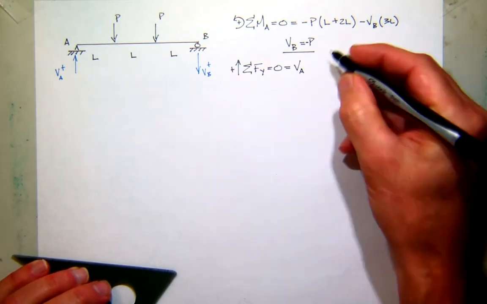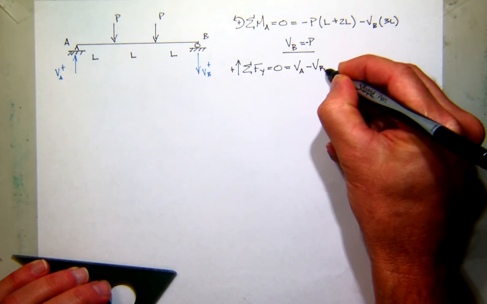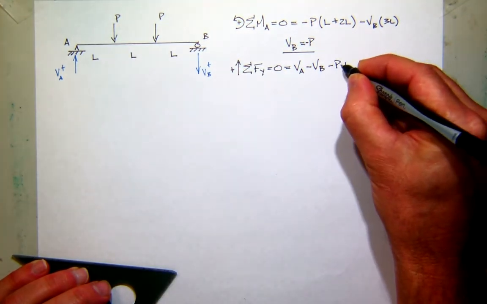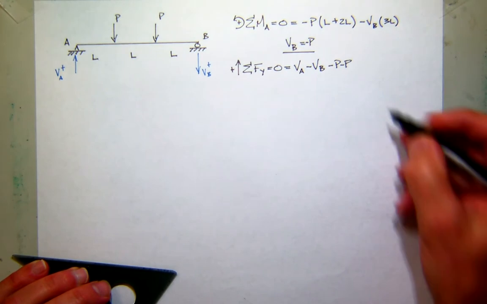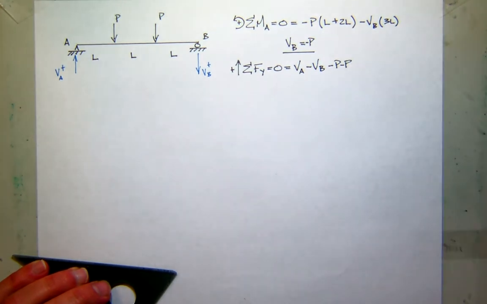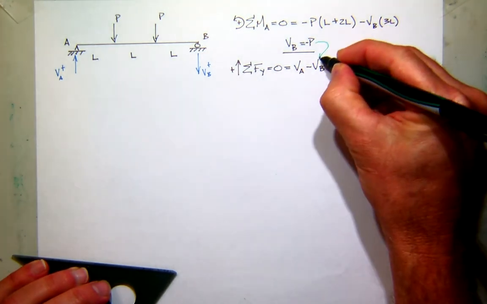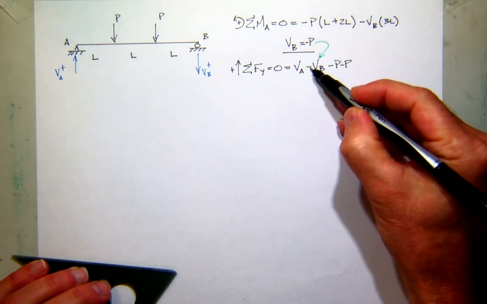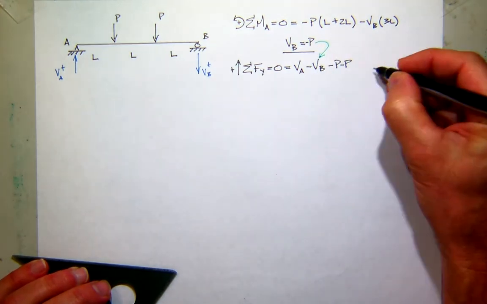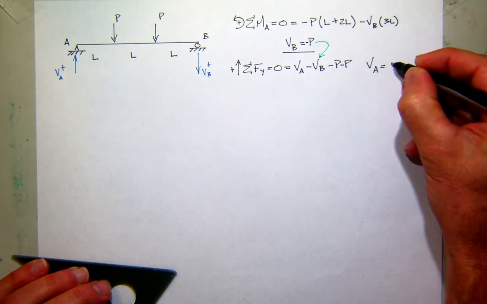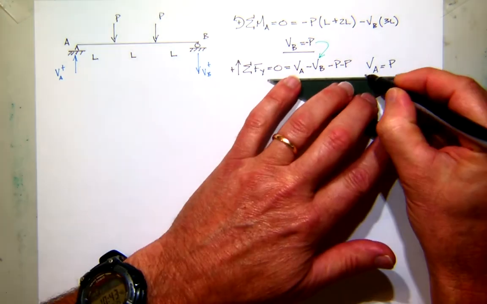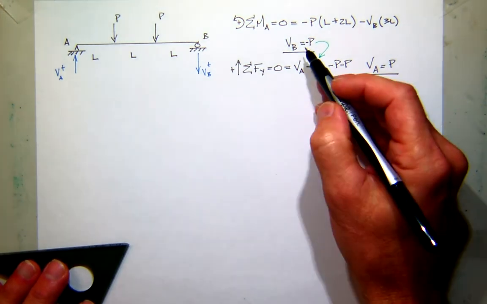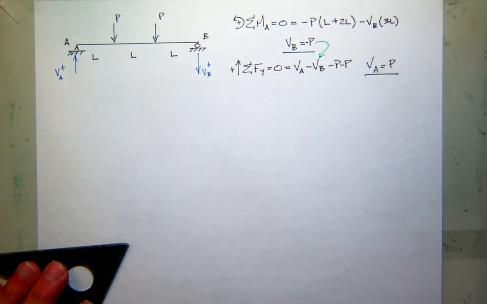I've got a shear force at B acting down, and two forces P acting down, minus P, minus P. My minus and this minus cancel to be positive, and the shear at A is equal to positive P. So I have a positive shear of P at A and a negative shear of P at B.